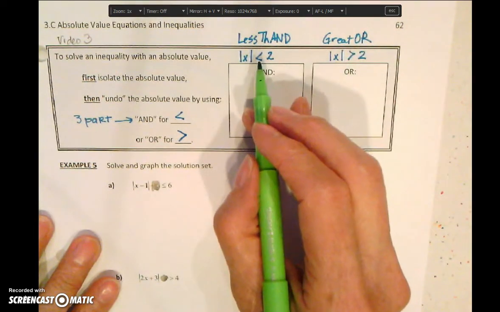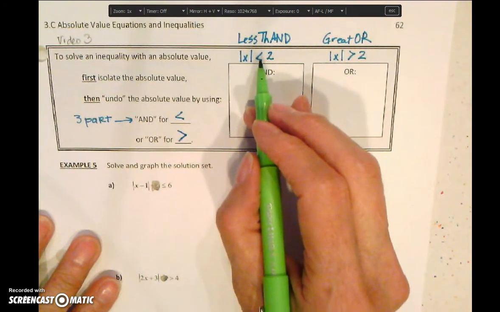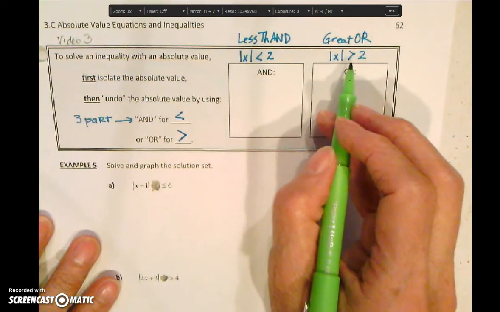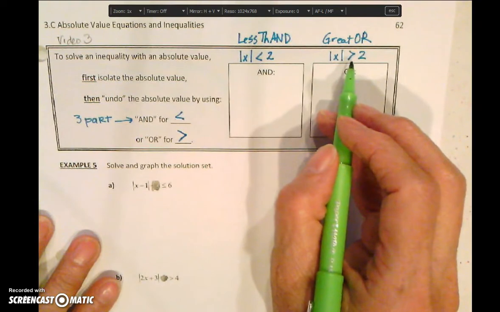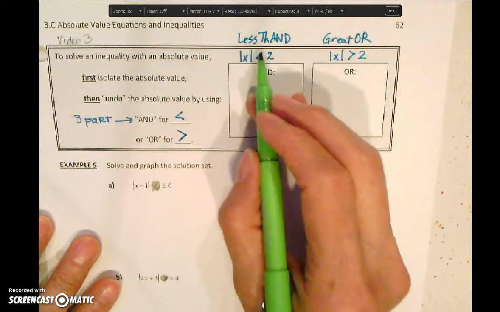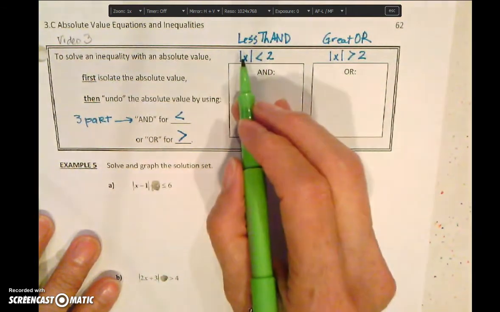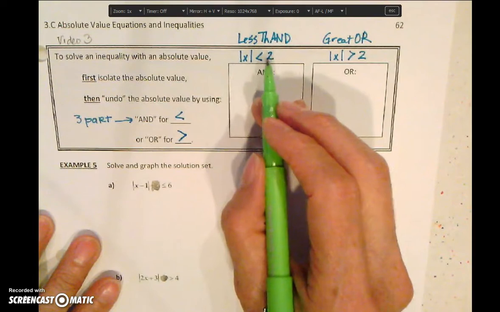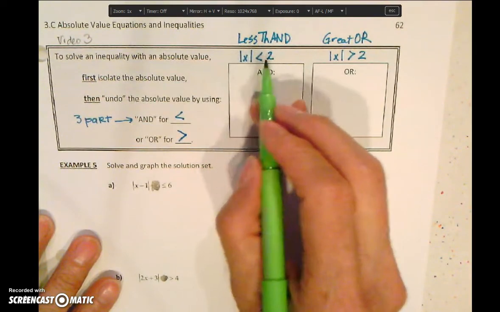So you've got to observe what symbol is here. If you write it the incorrect way, I don't care if your numbers are right or not, it's wrong. So the whole thing is going to be to set it up the right way. So when I have the absolute value of x is less than 2, so it's isolated, it's simple.